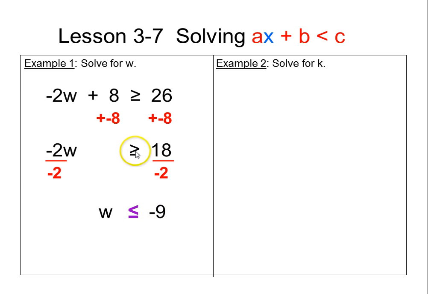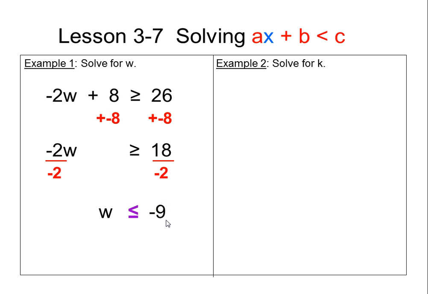You notice that this inequality symbol flipped around. The reason it flipped is because we divided both sides of the inequality by a negative number, a negative 2. Therefore, the inequality symbol goes from a greater than to a less than. It flips around. So our values for w for this inequality are anything that's less than or equal to negative 9.